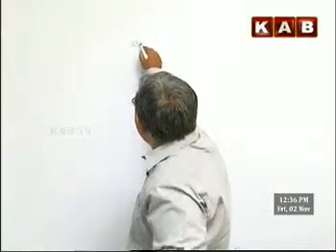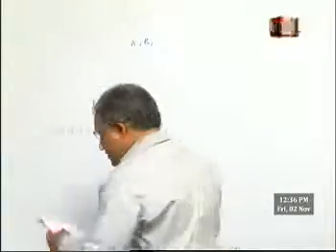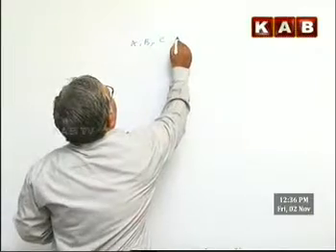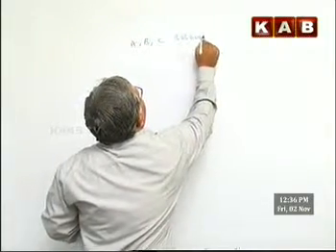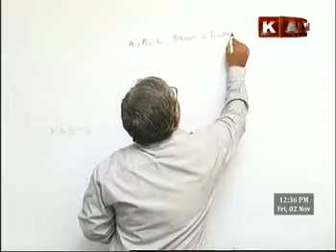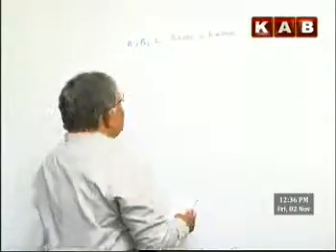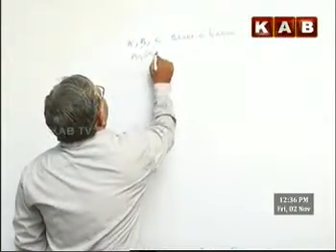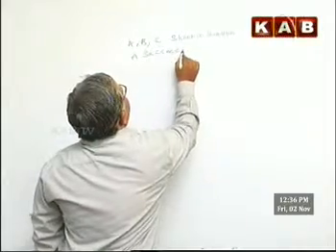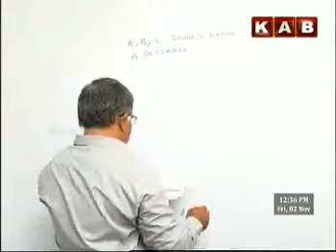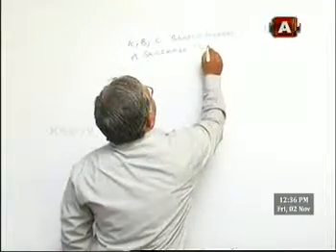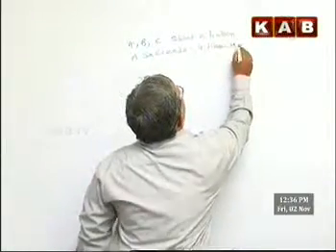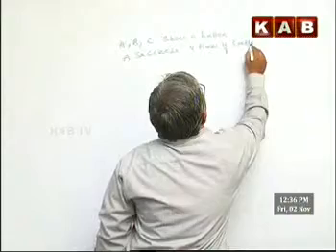One more question. This was also asked for 4 marks in IPE. What is the question here? A, B, C shoot a balloon. They are shooting the same balloon. A succeeds 4 times out of 5 attempts.